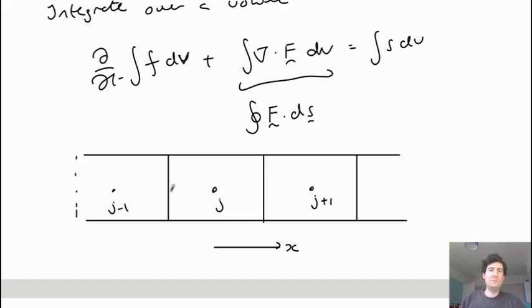But formally, it can be easiest to think about it in terms of evolving essentially the integral over this volume, and then the integral over the volume of this is just the surface fluxes, and so you're working out the fluxes through these surfaces here. So this would be F at j plus a half, and this is F at j minus a half. So it's halfway between j minus 1 and j. And this is F at j plus a half, so it's halfway between these two.